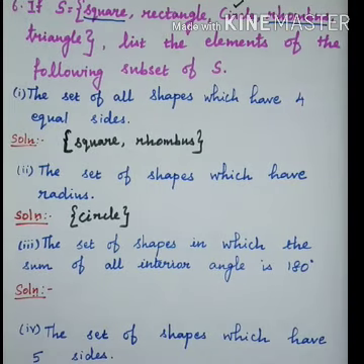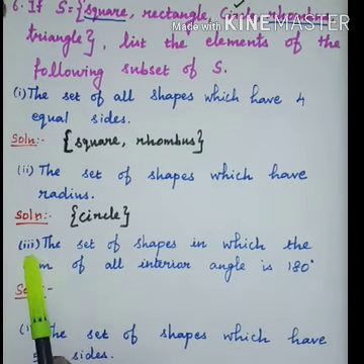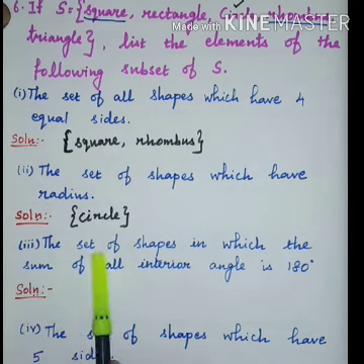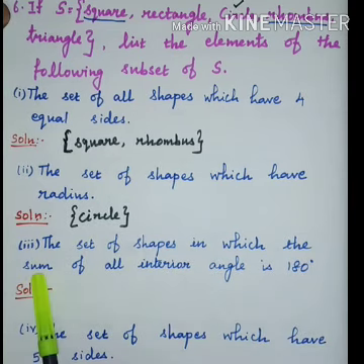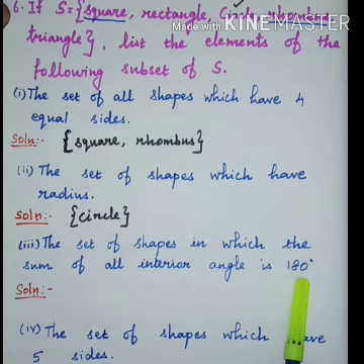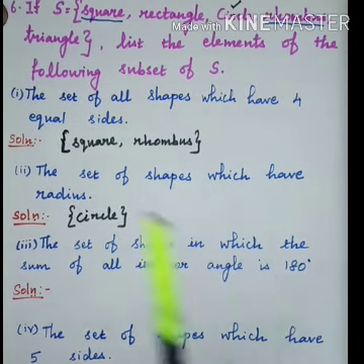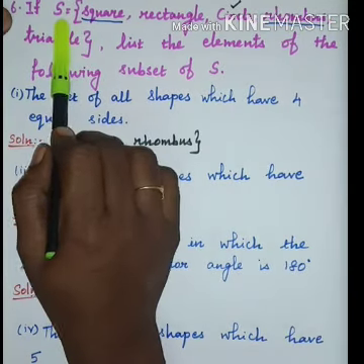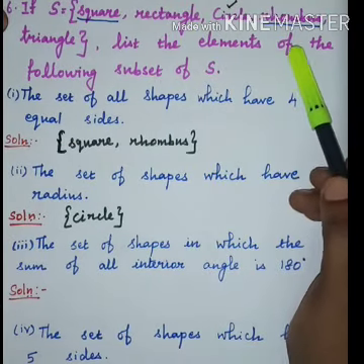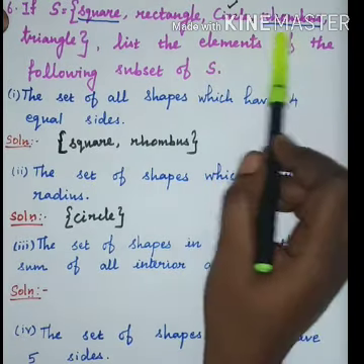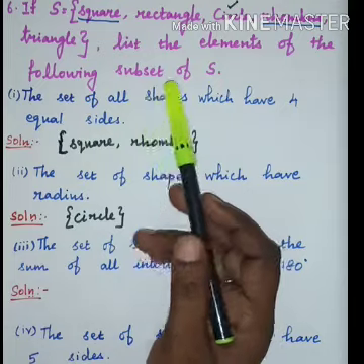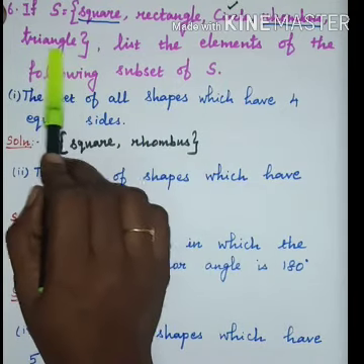Then the third subdivision is the set of shapes in which the sum of all interior angles is 180. So in this set S, which shapes have the sum of all interior angles equal to 180? Triangle.